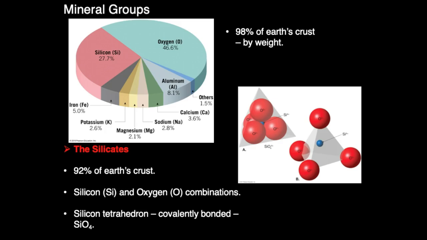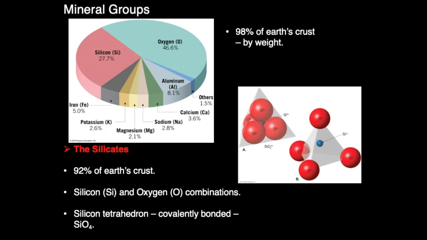Important mineral groups are going to be the silicates, carbonates, halides, sulfates, sulfides, oxides, and native minerals. Before we jump into talking about the specific groups, it's worth mentioning the amount of the different elements that the crust has for mineral formation.